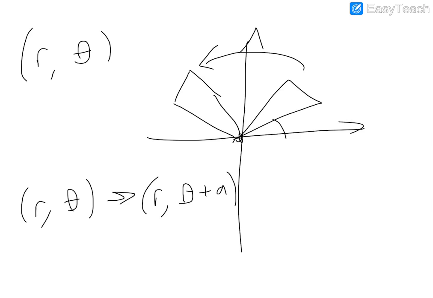And in a rotation, all points in the rotated figure are the same distance from the center as the original figure. In this case, we're rotating around the origin, but honestly, you can rotate it around any point. You can rotate it around this point, you can rotate it around this point, and basically the distance between the point of rotation and the original point has to be the same.